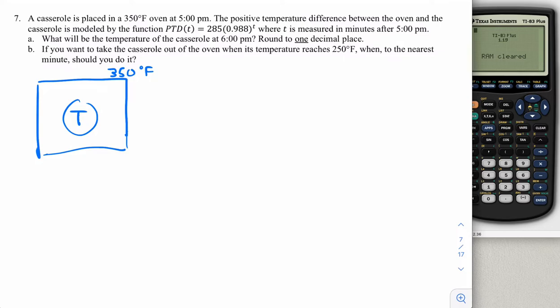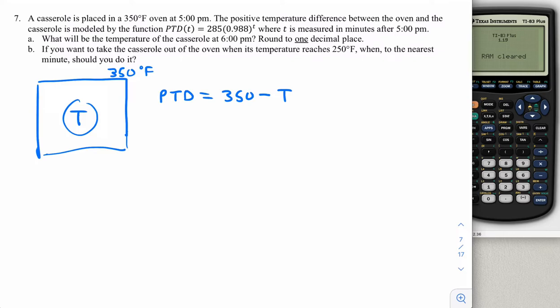In this heating problem, the temperature T is less than 350 degrees, so that temperature is increasing toward 350 degrees, and the positive temperature difference is always equal to the higher 350 degree temperature minus the temperature T of the casserole.